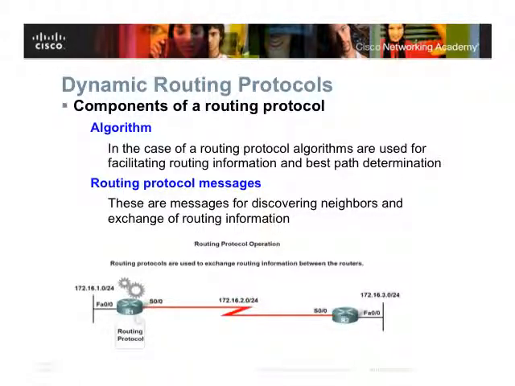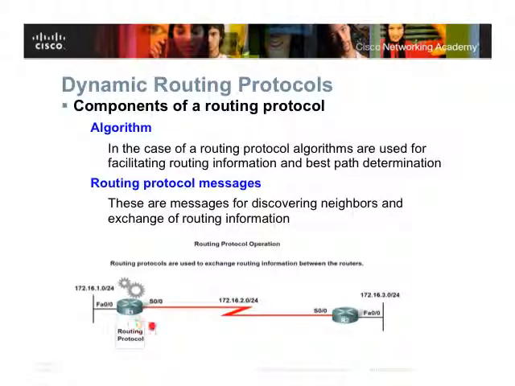So for example, this router here sends some routing messages to this router to inform it that it has a direct connection with this LAN. This LAN could be an Ethernet LAN, or Wi-Fi or whatever.